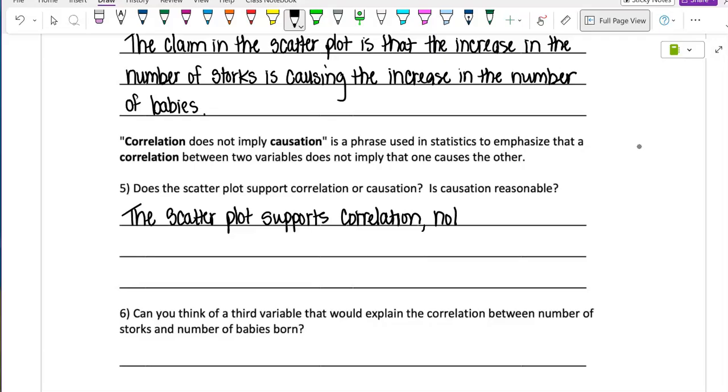Not causation. And it asks, is causation reasonable? And it's not, because storks do not deliver babies. So causation is not reasonable.